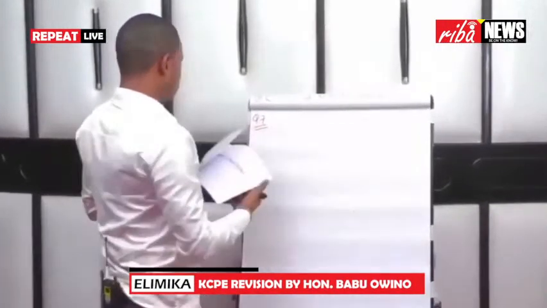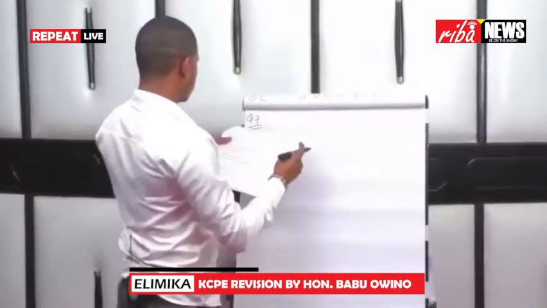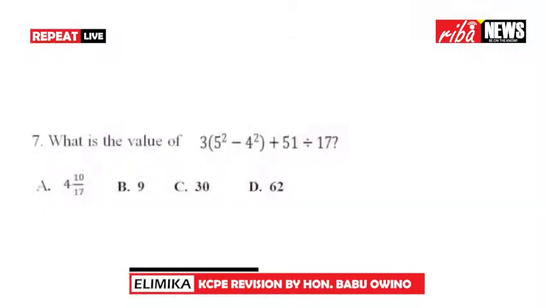So question 7 is, what is the value of 3 into, are we together? Is that the question? Okay. Write the value of 3 bracket 5 squared minus 4 squared, close the bracket, plus 51 divided by 17.